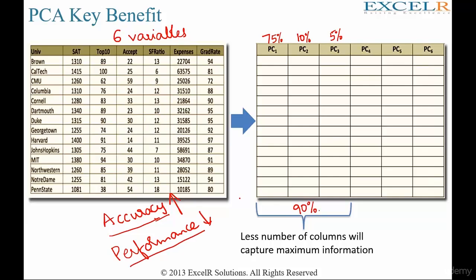Instead, can I get my job done using only the first 3 principal components? Rather than 6 variables, I'm only using 3 variables, right? And if you use only these 3 variables, accuracy would decrease, but the performance would increase. So this is driven using your business decision.